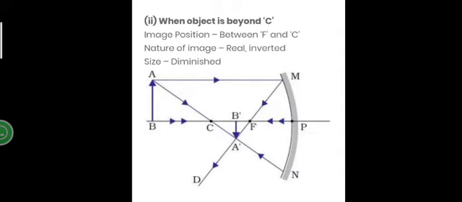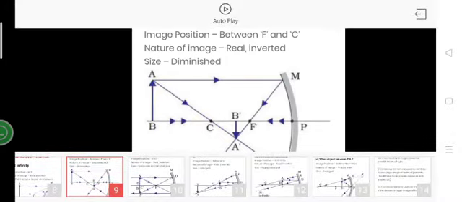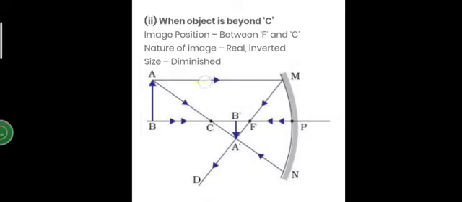So now the second case is when the object is beyond C, or we can say between C and infinity. So the object is here, between C and infinity. So by the first rule, a ray coming parallel to the principal axis after reflection passes through the focus, and another ray passes through the center of curvature and is reflected along the same path.